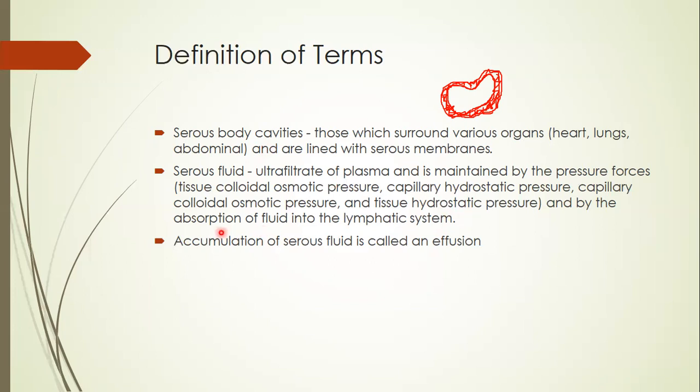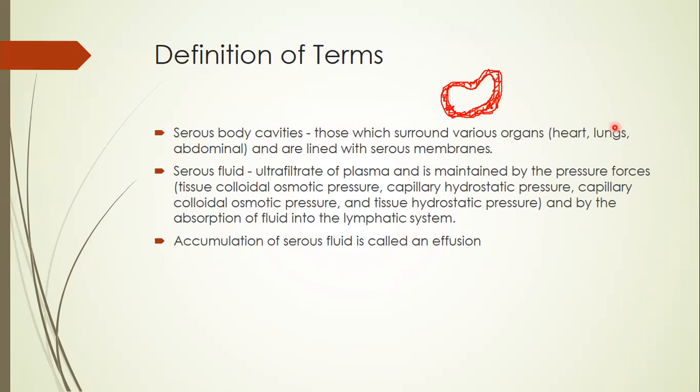And there are instances wherein there is so much fluid, because each fluid has a certain level or amount that should be maintained. In cases wherein there is an increased level of these fluids, we call it effusion. If the effusion is in the serous cavity of the heart, we call it pericardial effusion.